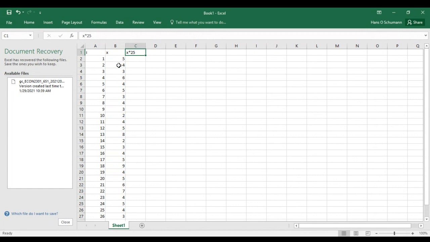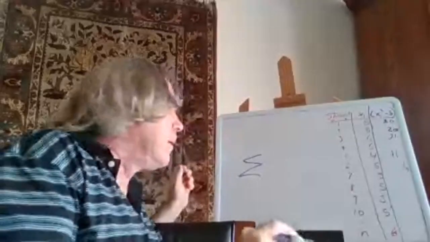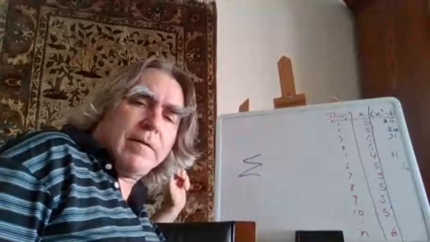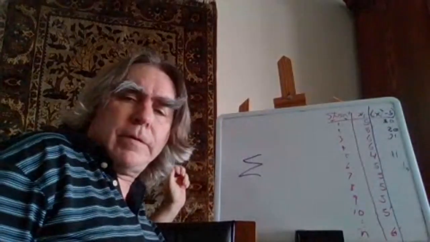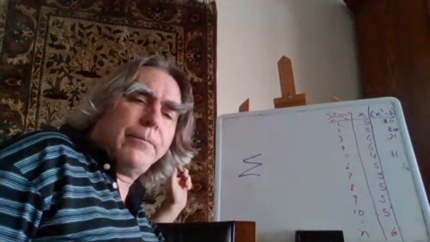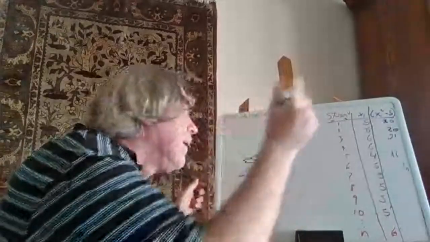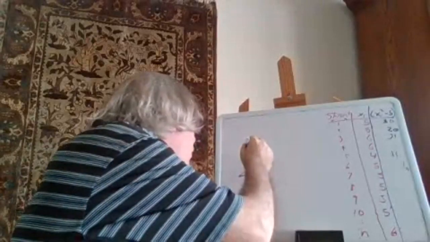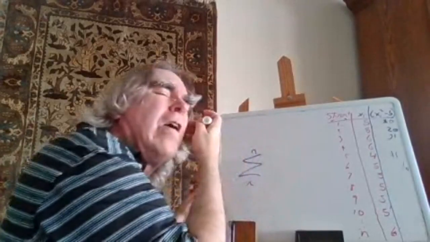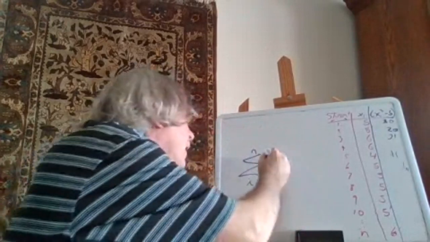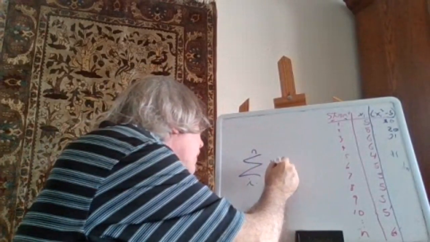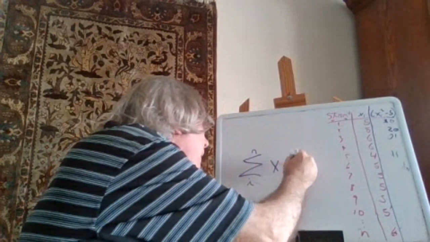What I'm doing here is calculating the following equation. Summation, i from 1 to n, and what we are doing is taking each of the x_i's times 25.